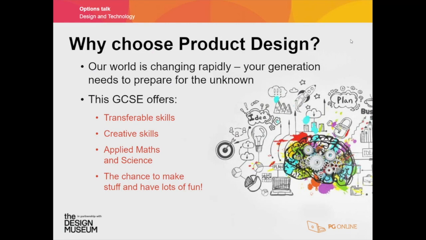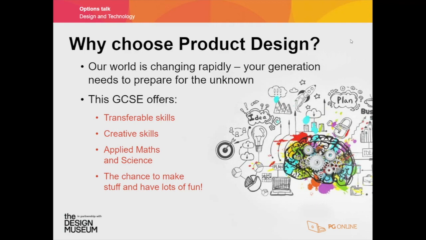Now, the reason why you might want to choose product design is because it's very relevant to things that are going on in this generation. The GCSE offers transferable skills. That means you can use skills across different areas, even if you don't want to continue with this course in the future, in other subjects or careers.